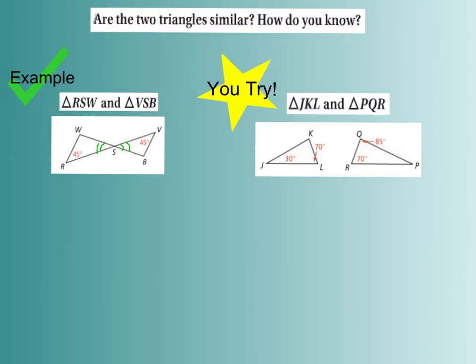So let's write that down. Vertical angles. So I know that now I have angle-angle similarity, and triangle RSW is similar to triangle VSB. And then there's a Try example for you to do as well.